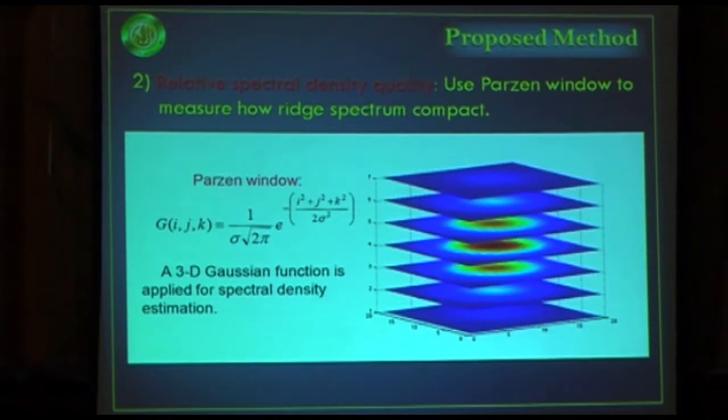For the second one, we use a passing window to measure how compact the ridge spectrum is. You have a window, like a 3D sphere, and if the energy in this sphere is packed and large, we get the strength of the ridge spectrum.